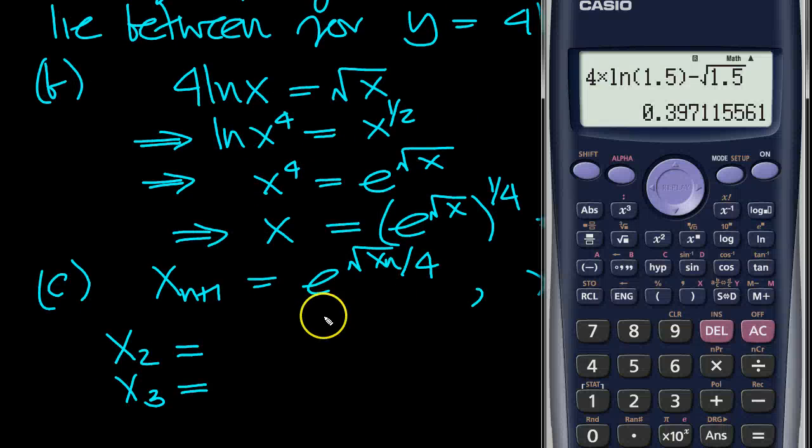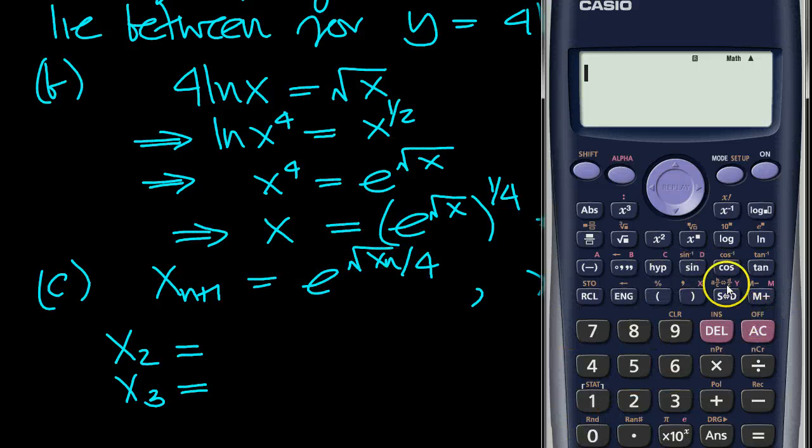Let's get the calculator. So, e to the power square root of 0.5, divided by 4. Okay, so we got 1.19. No, I'm going to start again there.